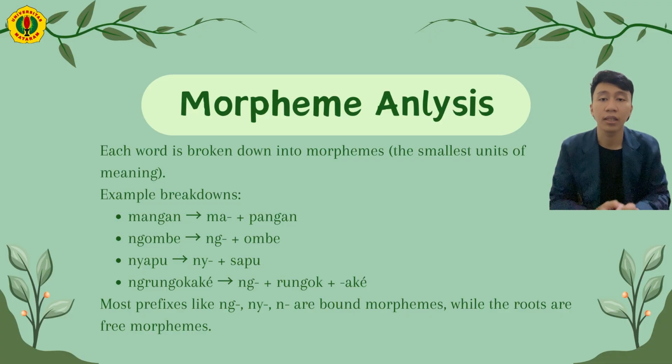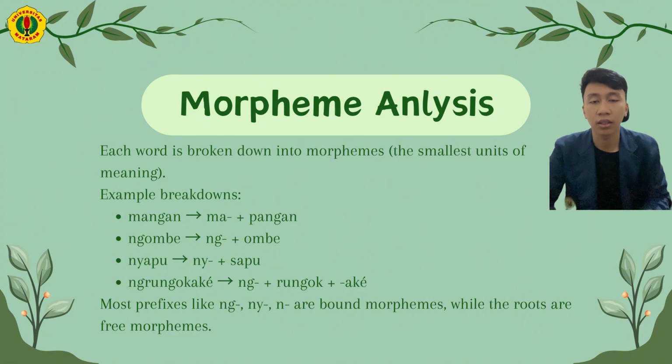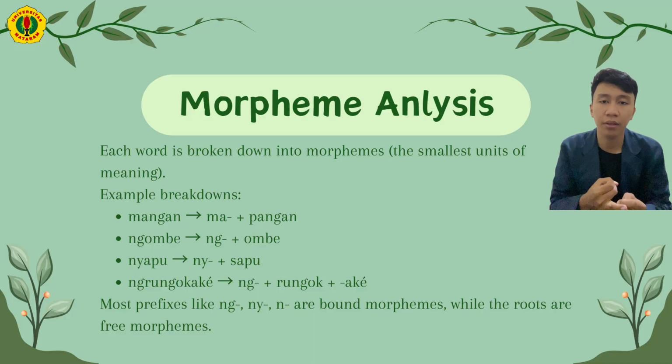We know that in linguistics, a morpheme is the smallest unit of meaning in a language. For example, in English, the word unhappiness has three morphemes: the prefix un, the root happy, and the suffix ness.